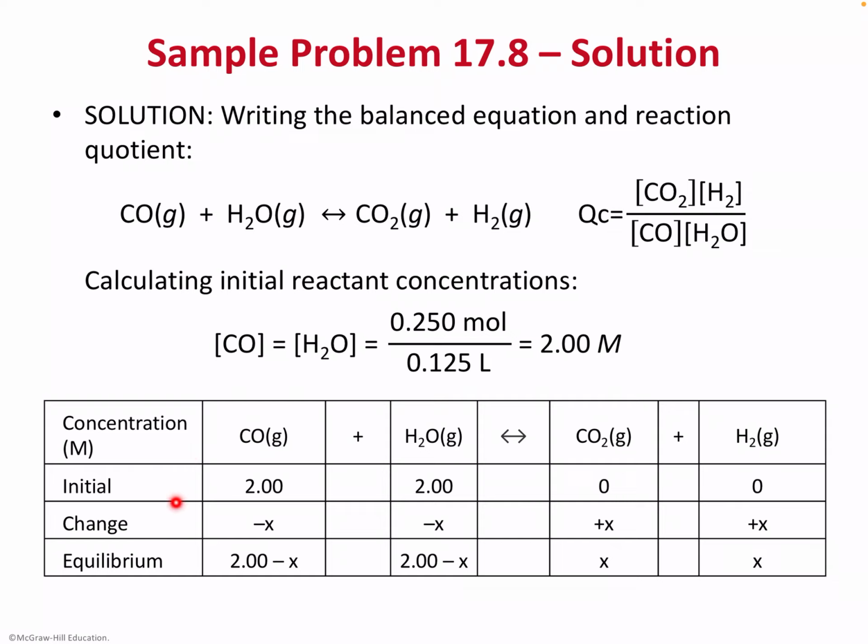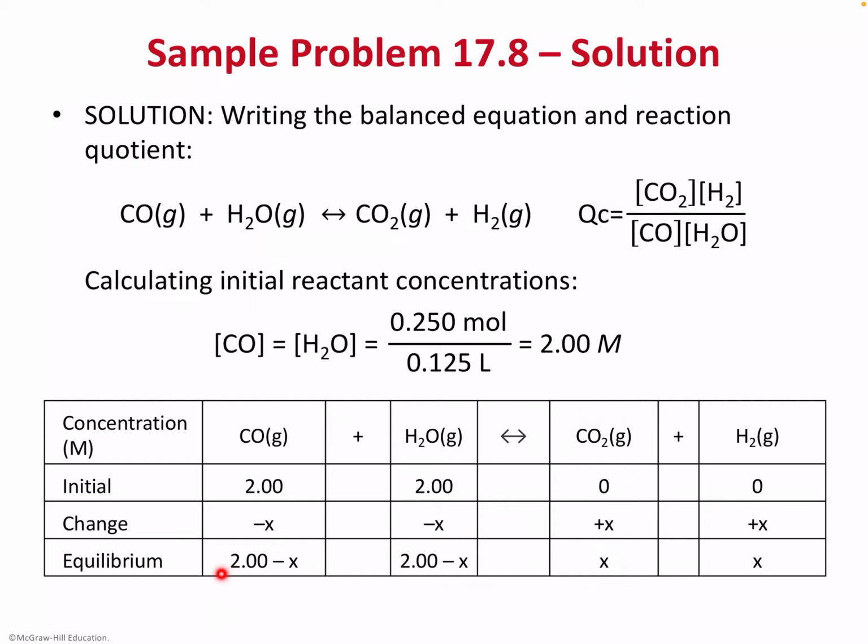So this is our ICE table: carbon monoxide plus water giving us carbon dioxide and hydrogen. Our initial concentrations are 2, and nothing has been made yet. Our change is going to be negative x because it's 1 to 1, and if x amount of these two are reacted, you are making x amount of carbon dioxide and hydrogen.